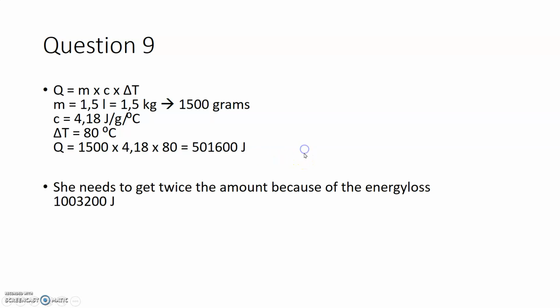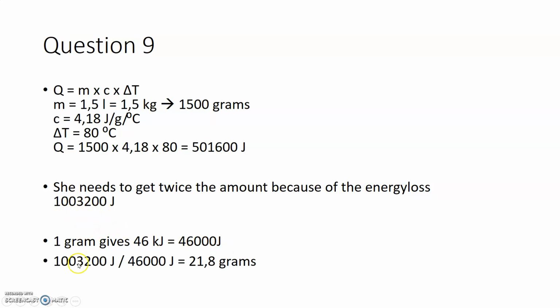In this case, you'll need twice the amount because of the energy loss, so 1,303,200 joules. You know that 1 gram produces 46 kilojoules, and that's 46,000 joules. Then you have to divide 1,303,200 by 46,000, and then you get 21.8 grams.